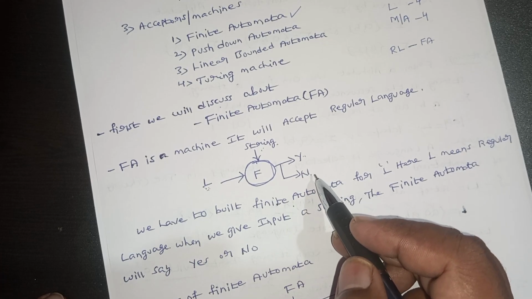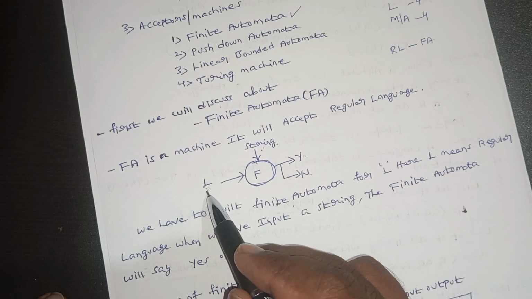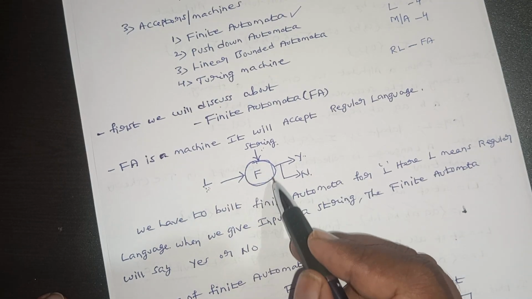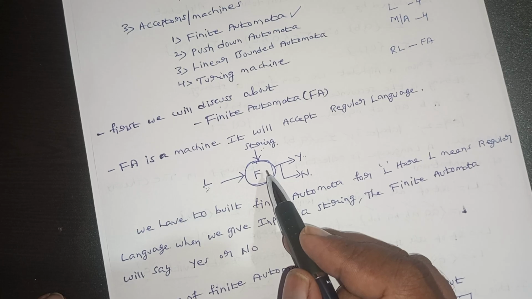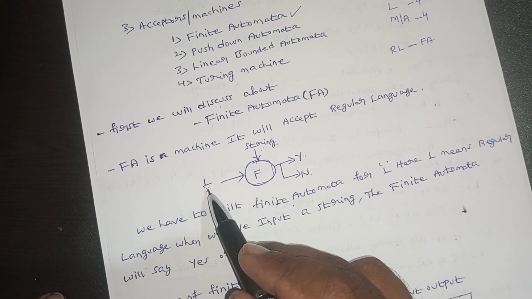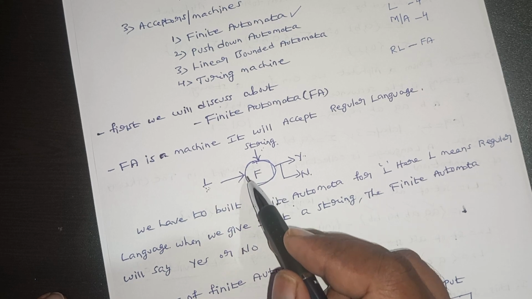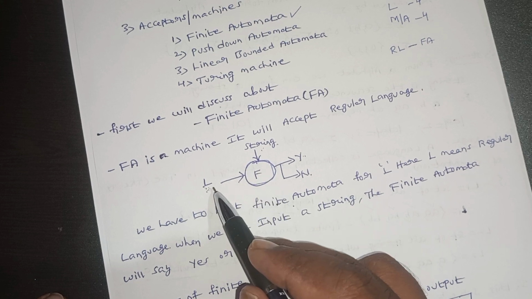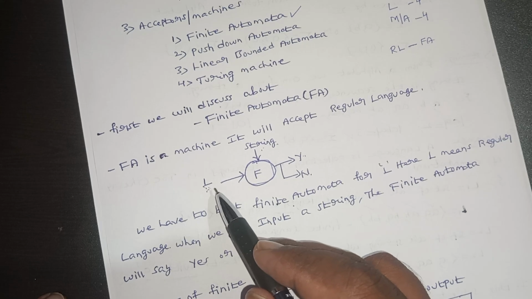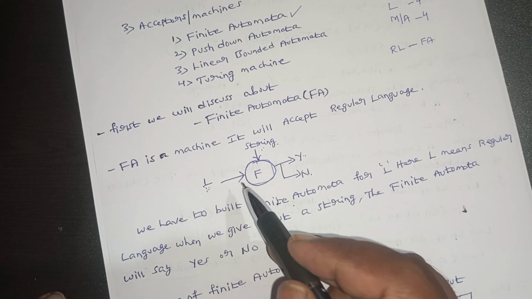What I said in the first point: for this language I have built this finite automata. Now what is a language? It is a collection of strings. Again, for this finite automata I am giving one language. It may be the same language or any new language.